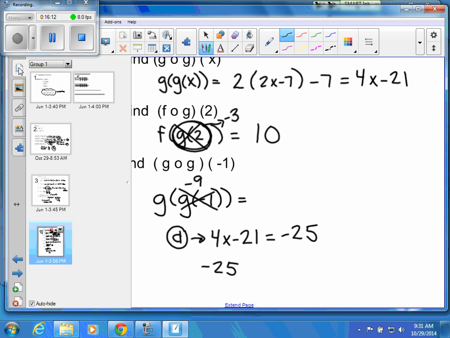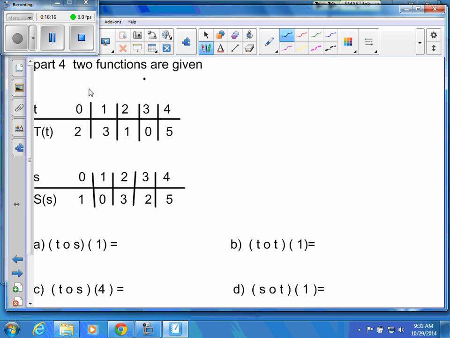Okay, last part. 2 functions are given. One function is in t, the other one's in x. They are functions because instead of x's and y's, functions look like x's and f of x. This book does not write the charts vertically.